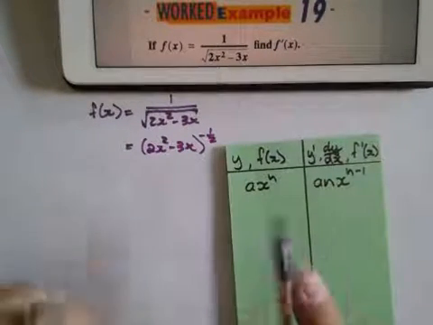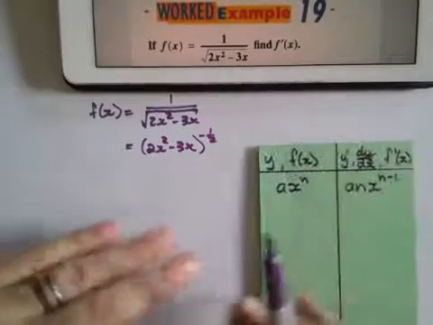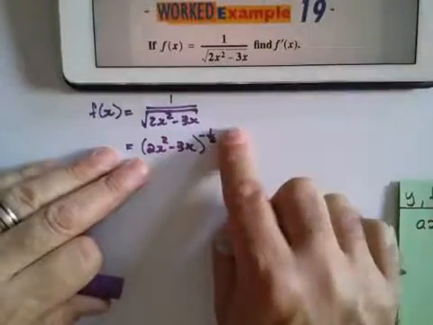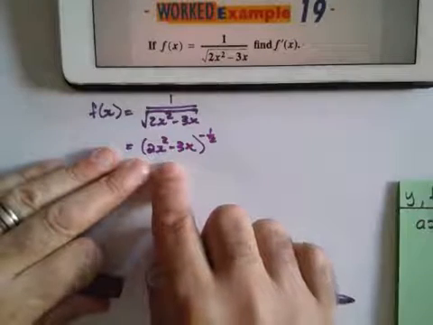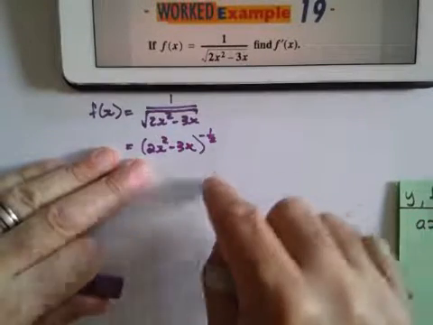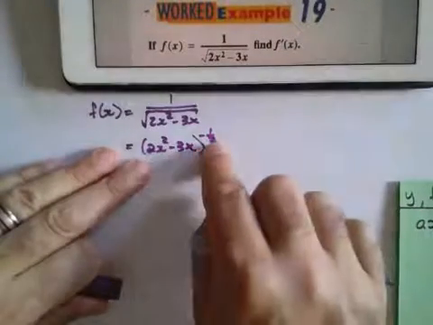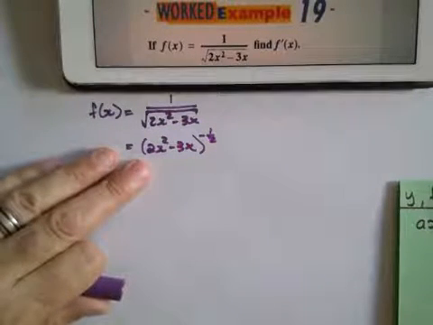Now we have a function of a function. This function 2x squared minus 3x needs to be applied to another function which is to the power minus half. And because we have a function of a function, we have to use the chain rule.